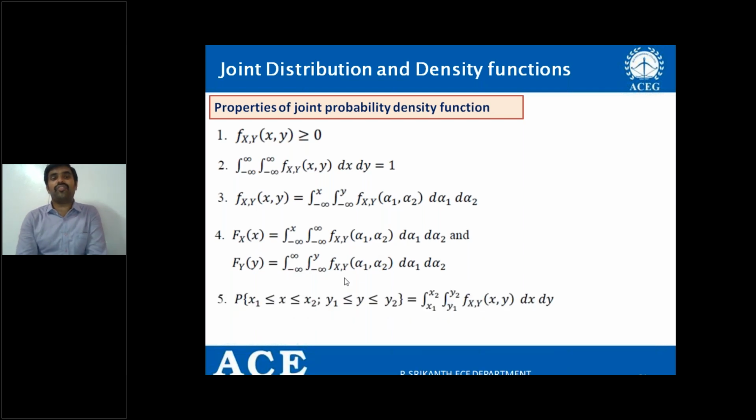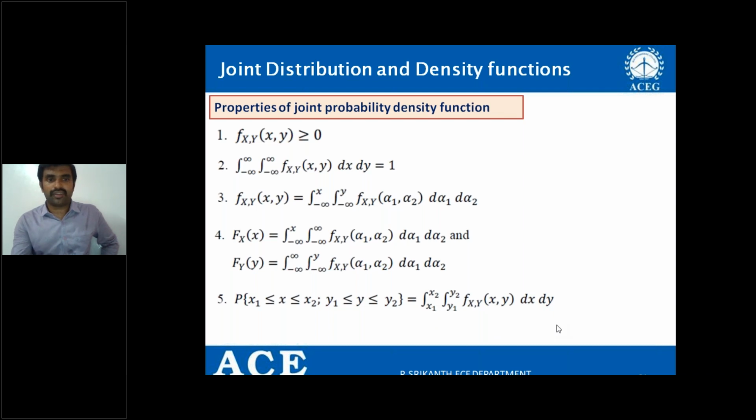Coming to the fifth property, if you know the joint density function, you can derive the joint probability in any interval. That is, the probability of x1 ≤ X ≤ x2, y1 ≤ Y ≤ y2 is equal to integral x1 to x2, integral y1 to y2, of f_{X,Y}(x,y) dx dy.